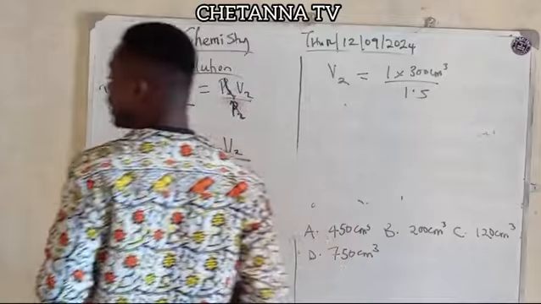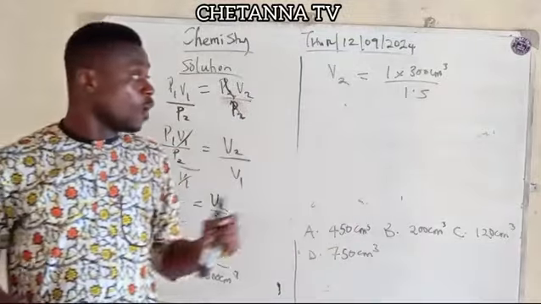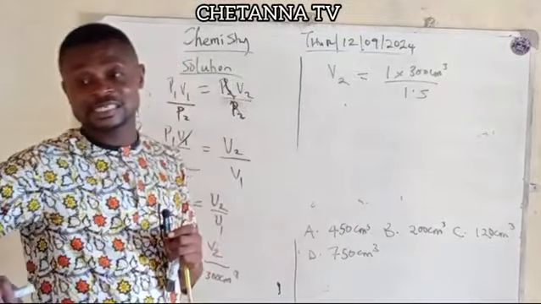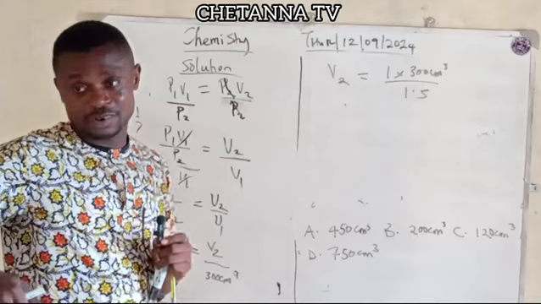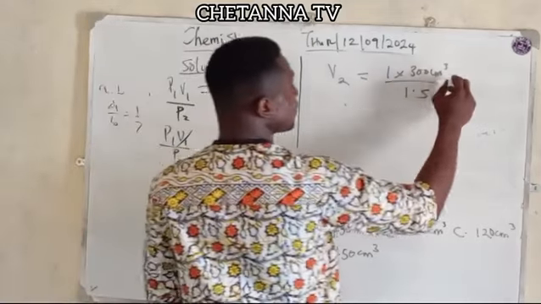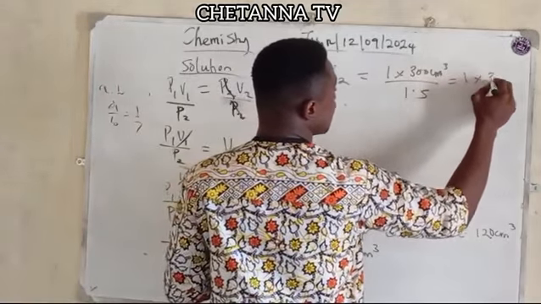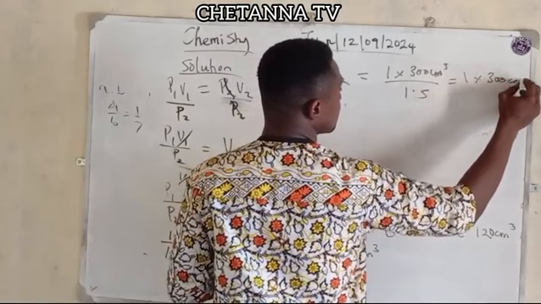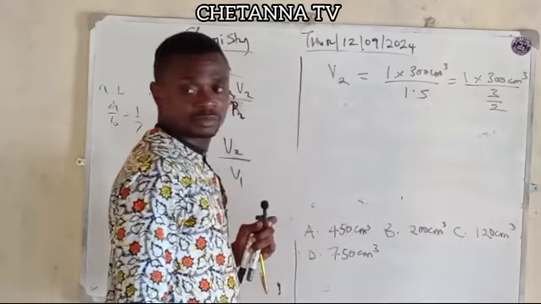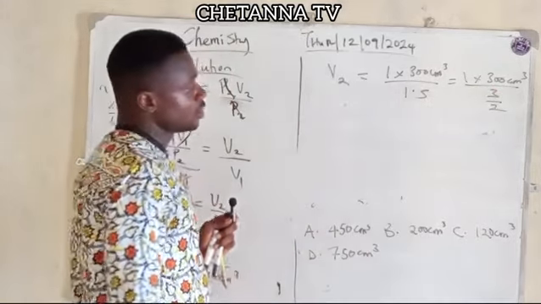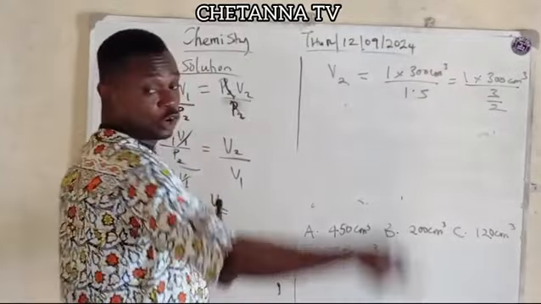1.5. To avoid punching the calculator, hope you know that 1.5 is the same as 3 over 2. So this is the same as 1 times 300 cm cube over 3 over 2. Is it clear? Remember what we did last time?